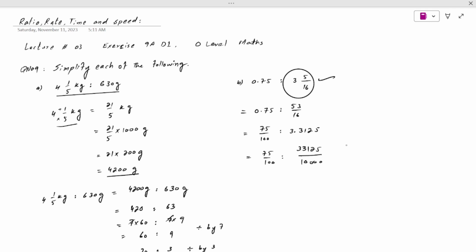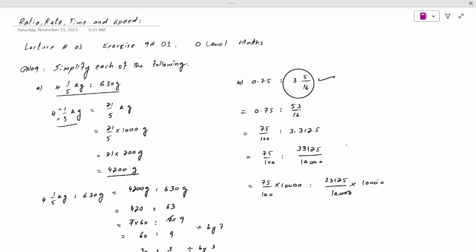Now we need to simplify it. We can multiply both ratios by 10,000 so that our fractions are removed. Multiply by 10,000 ratio 33,125 divided by 10,000, multiplied by 10,000.